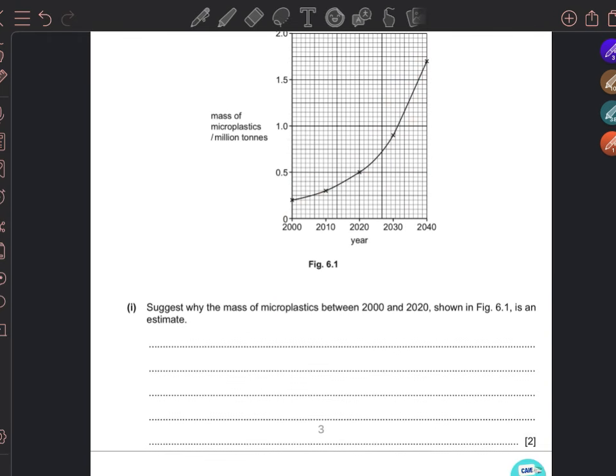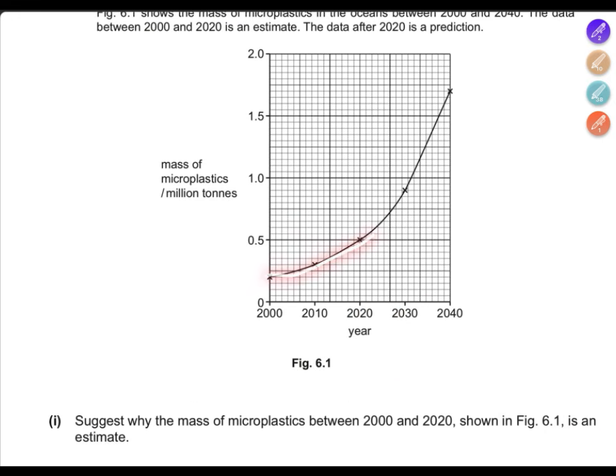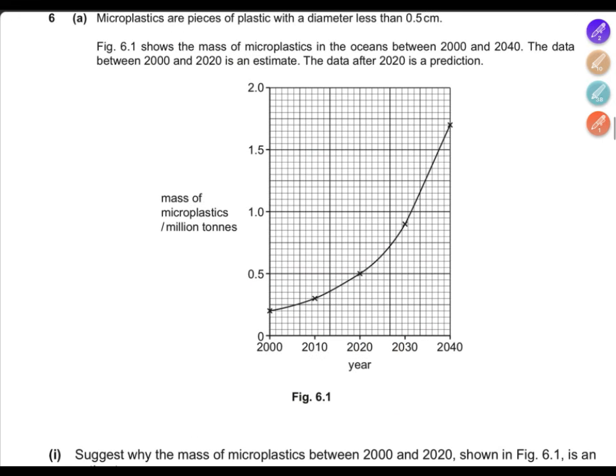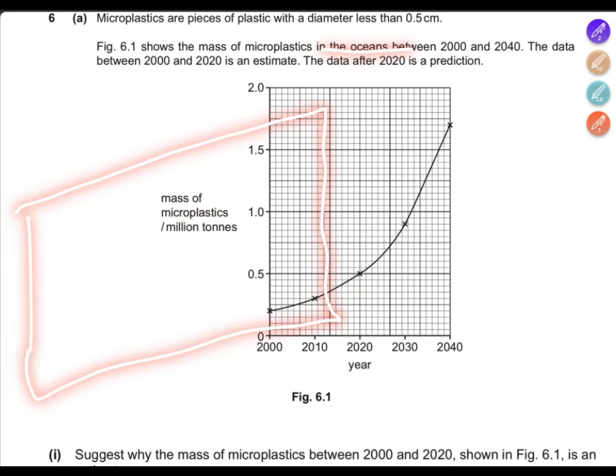Explain why the mass of microplastic between 2000 and 2020 in figure 6.1 is shown as an estimate. Okay, so they collected the microplastics from the ocean and then they measured the mass of it, right? Since it's the ocean, the sample space is so huge, you obviously can't measure the entire ocean, right?